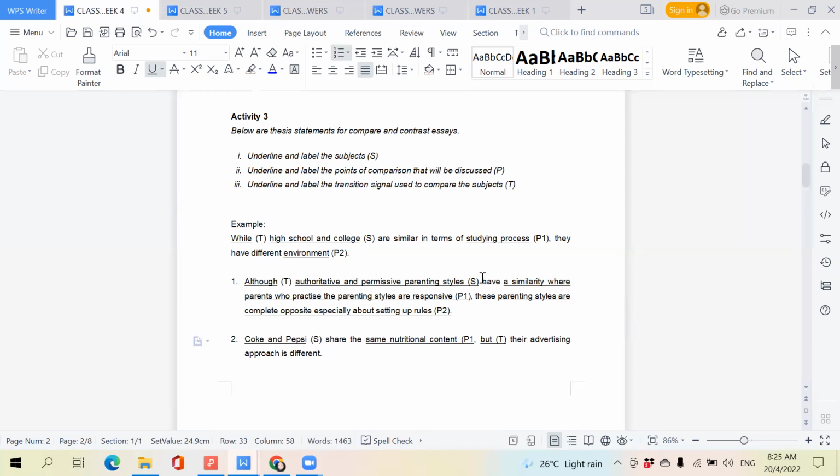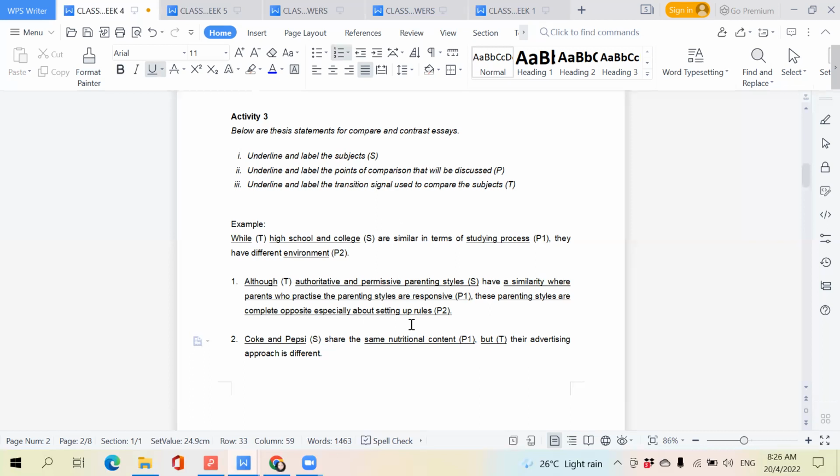Body paragraph number 1. Okay, so remember, you have introductory paragraph, and then you have body paragraph 1, body paragraph 2, and last but not least is your concluding paragraph. Okay, so when I say P1, that also means it is to be written in paragraph 1. So in paragraph 1, when you're using block organization method, you have to talk about similarities only.